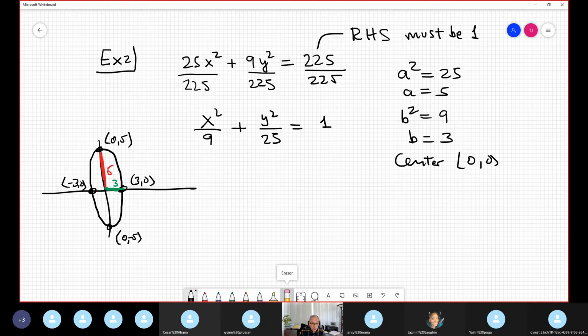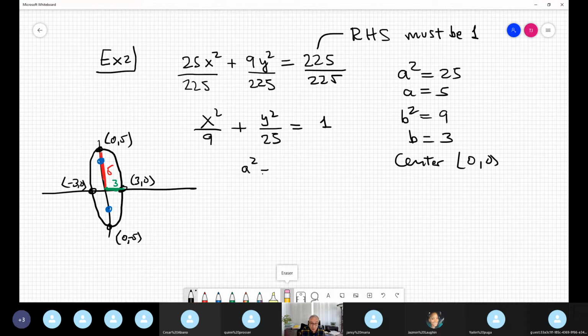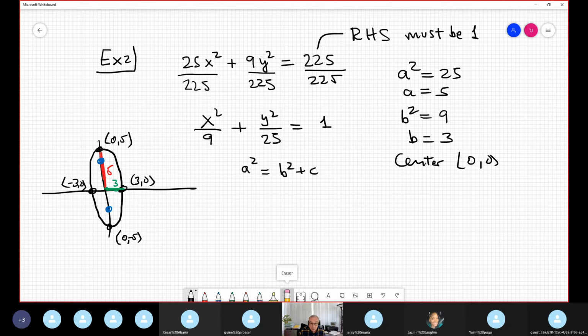And the foci are always located on the major axis, and the focal distance is c. I need to determine c. The formula is a squared equals b squared plus c squared. Solving for c squared, it is a squared minus b squared.